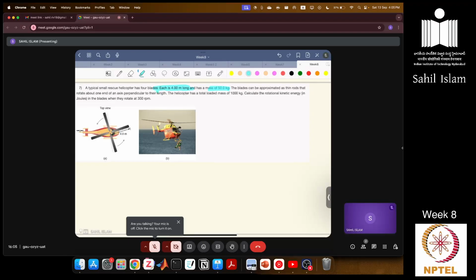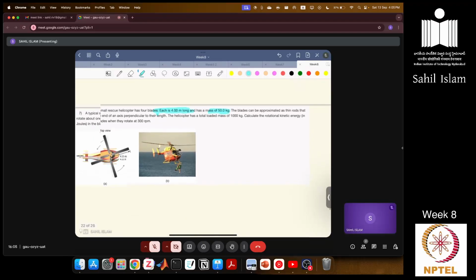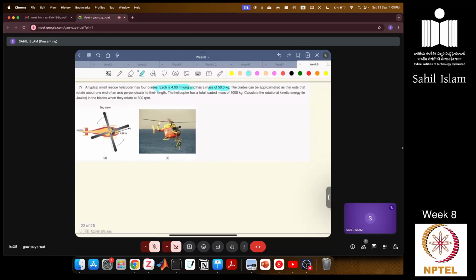These blades can be approximated as thin rods that rotate about one axis. So these blades are here, and it rotates like this about the end. The helicopter has a total loaded mass of 1000 kg. Calculate the rotational kinetic energy in joules.